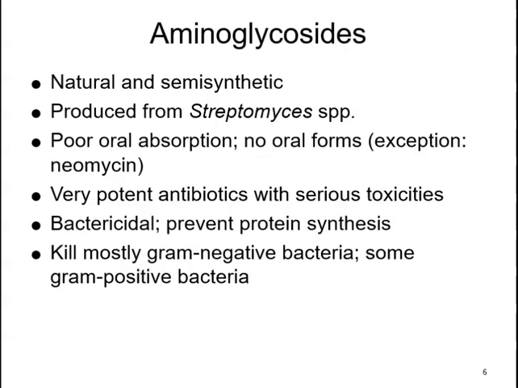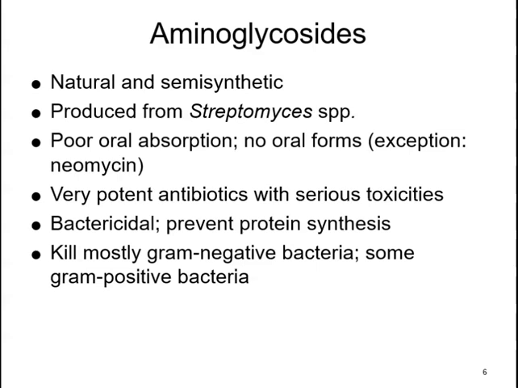The aminoglycosides are among the oldest of the antibiotics or antimicrobials, first discovered in the 1940s. So it was actually isolated from actinomycetes. Streptomycin, which came from the Streptomyces, was the first aminoglycoside that was introduced into clinical practice, and it was used for the treatment of tuberculosis.